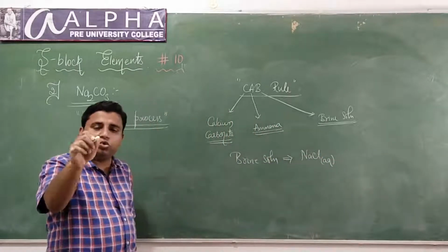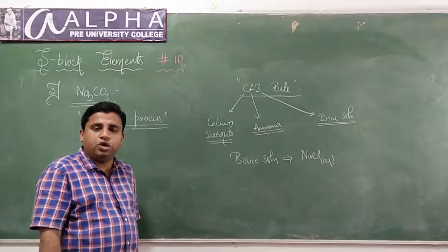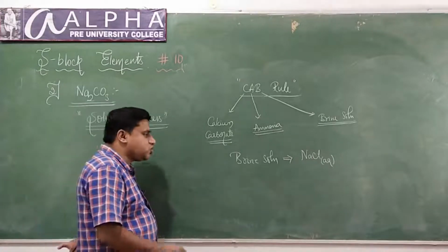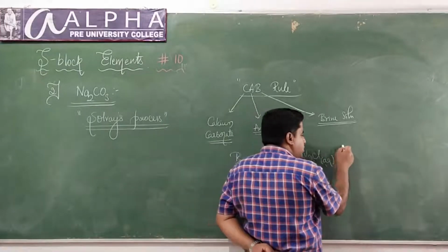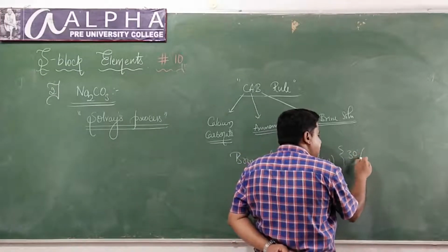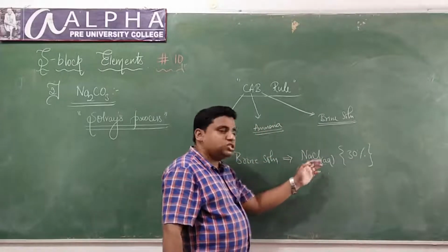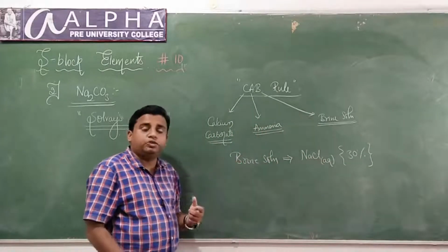That means when sodium chloride is dissolved in water, we call that solution brine solution. Particularly, its concentration should be about 30%. A 30% aqueous solution of sodium chloride is called brine solution.